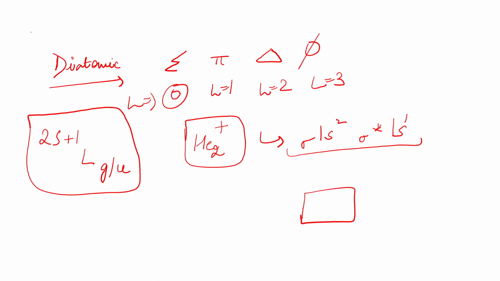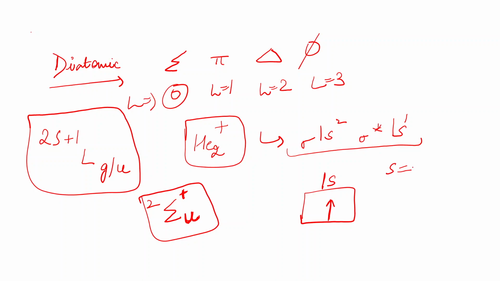Now the last electron is in sigma star u. It's not mu, it's u, because we use g for gerade and u for ungerade. And star is not there, it's plus. For the sigma star 1s1, the last electron is in an anti-bonding orbital. There is one electron here only.